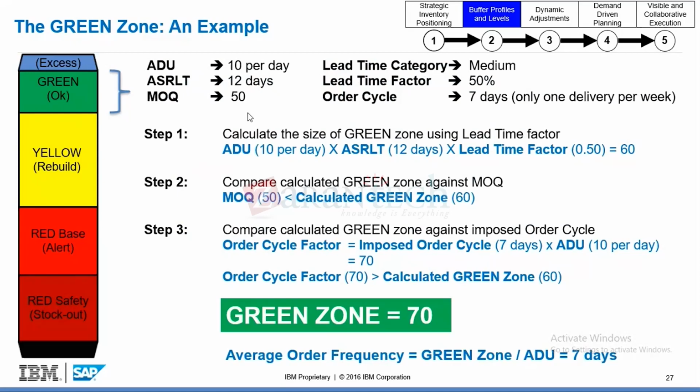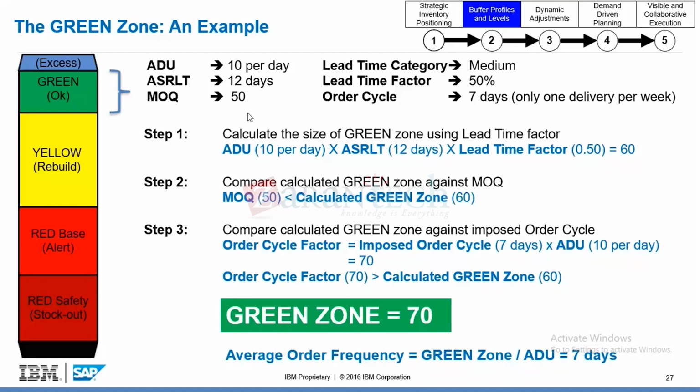Let us take an example. Average daily usage is 10 per day. Active synchronized replenishment lead time is 12 days. From that, we have a lead time factor of 50%. Our lead time category is medium and order cycle is 7 days. MOQ is 50.